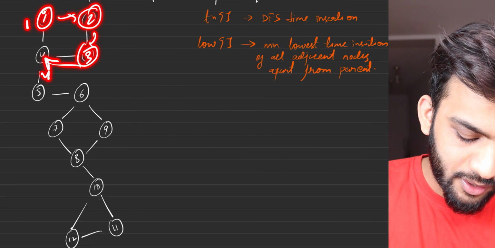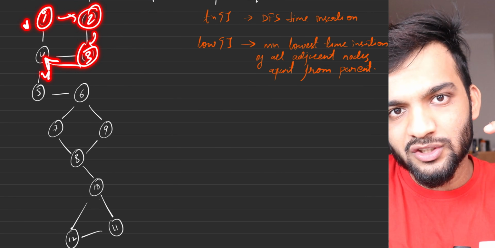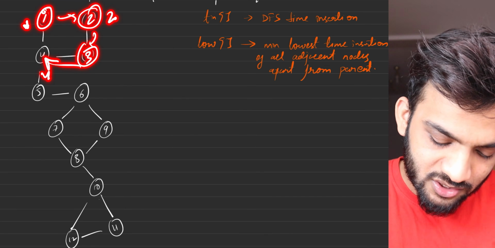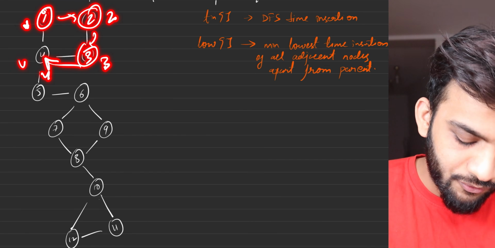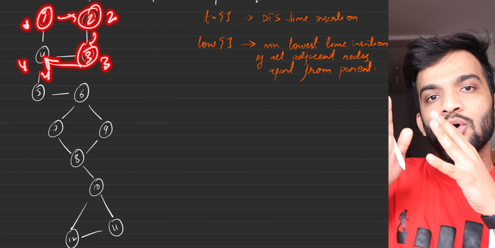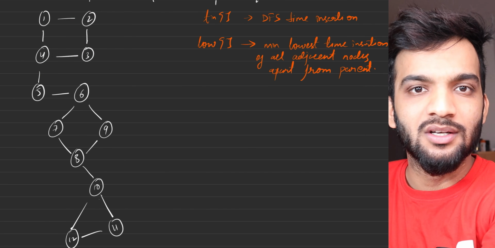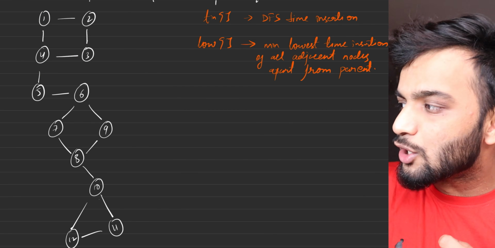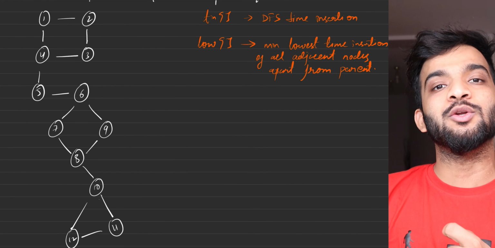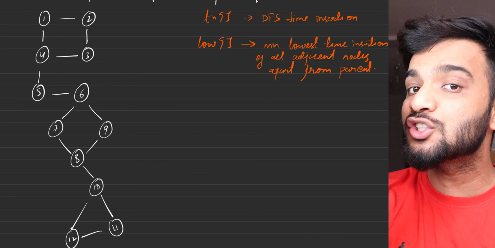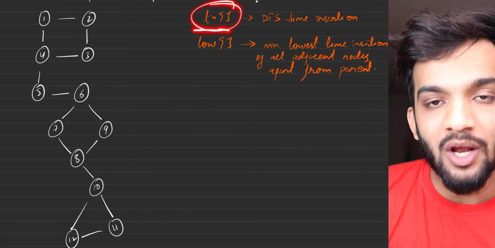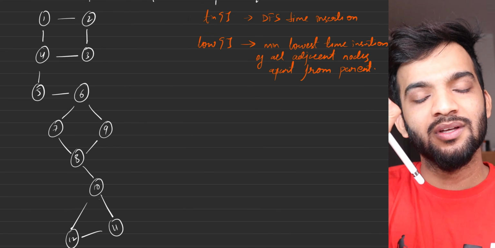So, first occurrence, like first time of insertion is here, second time of insertion is here, third time of insertion is here, fourth time of insertion. So, while doing the DFS traversal, keep a track. When are you reaching a node? In which step are you reaching a node? So the step at which you reach the node, that is what we call as time of insertion.